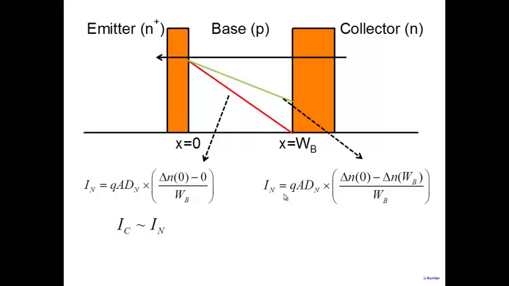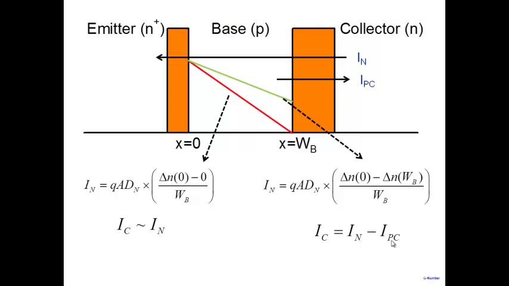As we forward bias the collector base junction, what is happening? This term, delta NWB, is increasing. Then what is happening to the slope? The slope is decreasing, so the IN term is decreasing. And in a forward biased collector base junction, there is also an injection of holes. So what is the net collector current now?